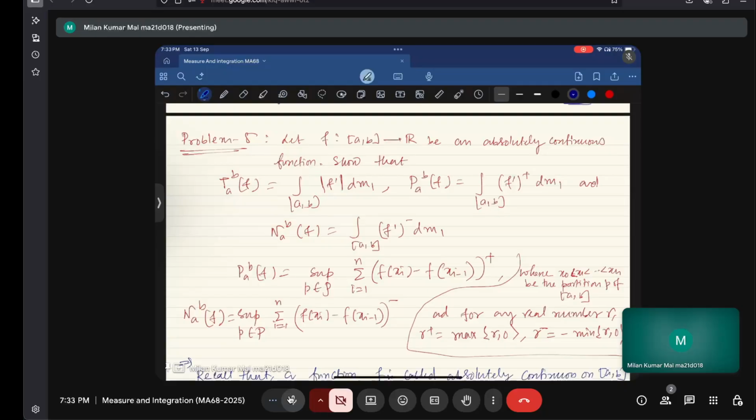There is a theorem. For an absolutely continuous function, we have to prove this.